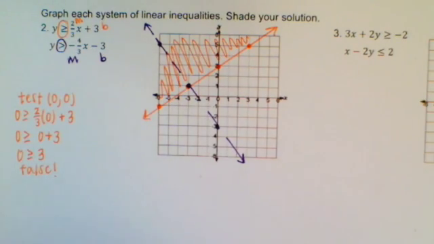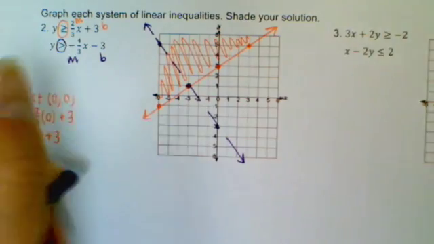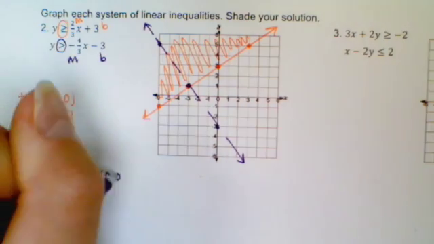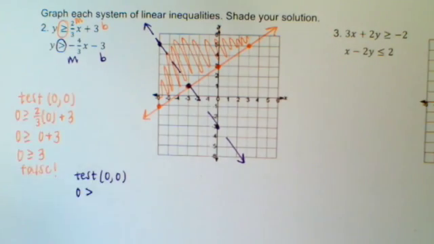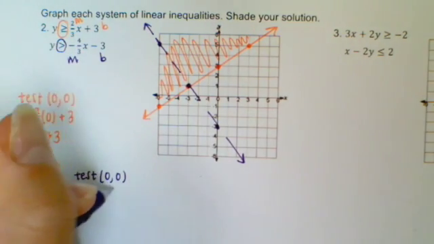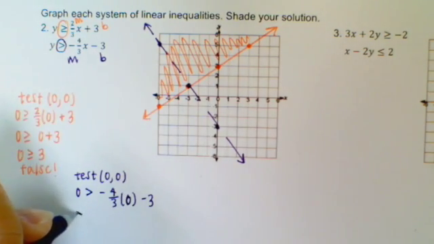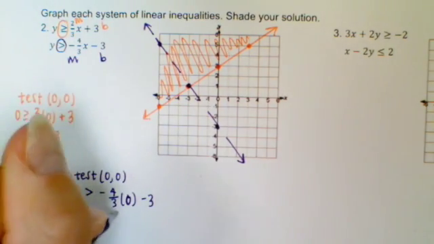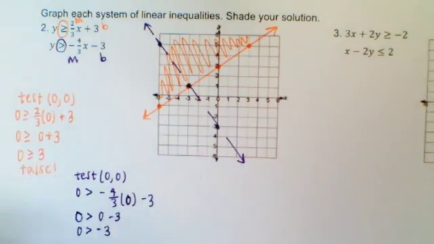Let's do the same thing for the purple guy. I still am going to use the test point 0, 0. Again, you guys are allowed to test any point. I just would not test one that's on a line. All right, so 0 is greater than -4/3 times 0 minus 3. That's going to equal 0 minus 3. 0 is greater than 0 minus 3 is -3.